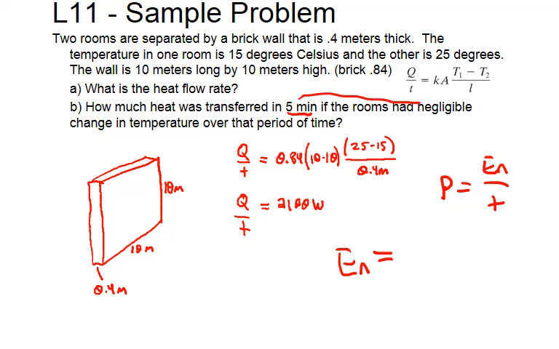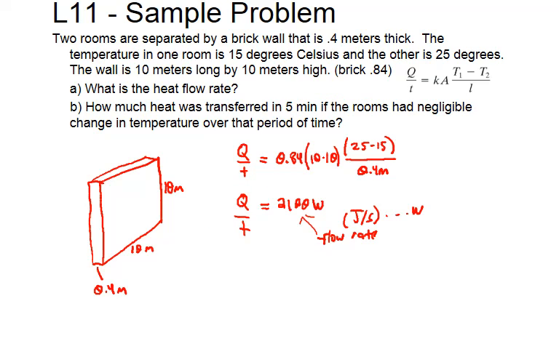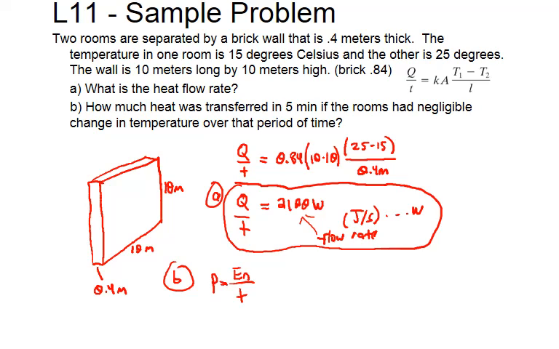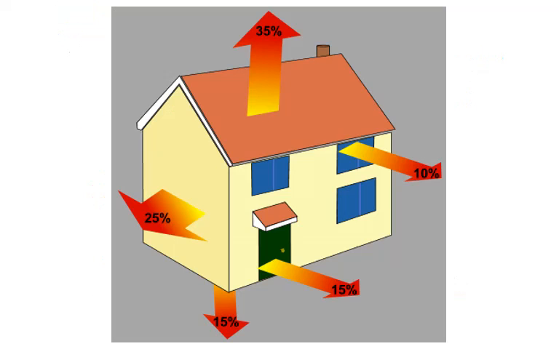So if we have 5 minutes and a certain power rate, we can figure out how much energy in 5 minutes. We'll multiply the power times the time, that's 300 seconds, and this is how many joules are going to be transferred, 630,000 joules, that are going to pass from one side to the other side of this wall.